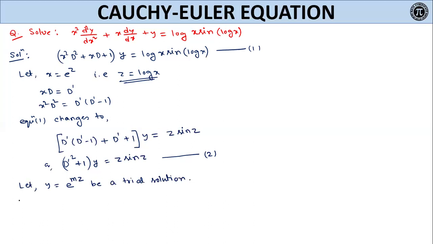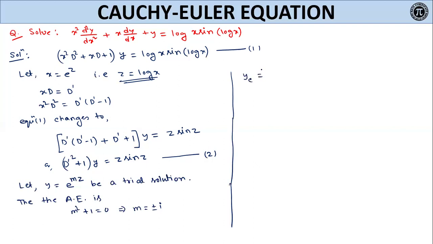Then the auxiliary equation is m square plus 1 equals 0, or you can say m equals plus minus i. If m equals plus minus i, then what will be the complementary function?